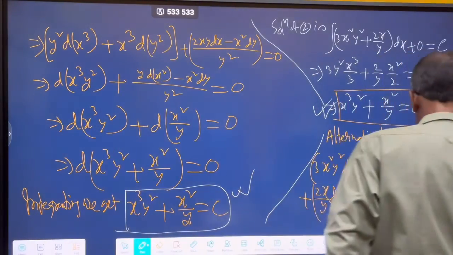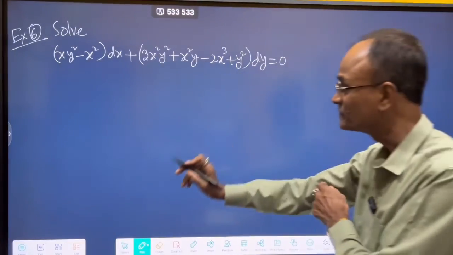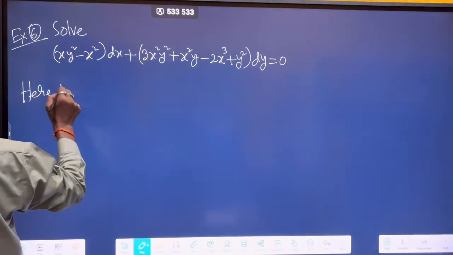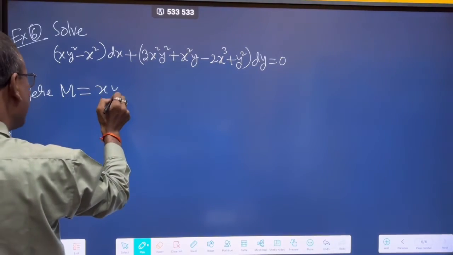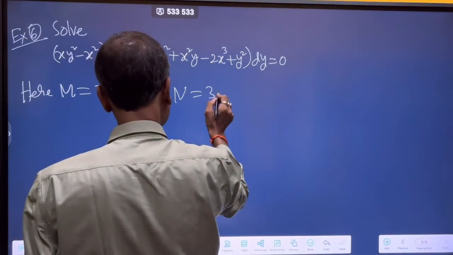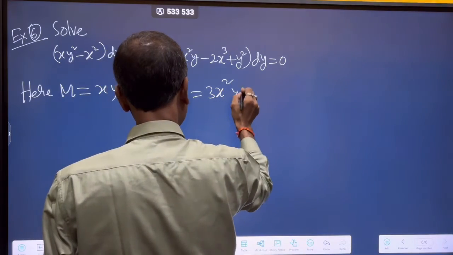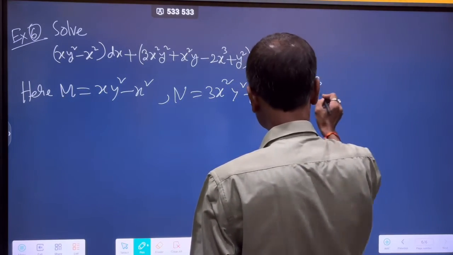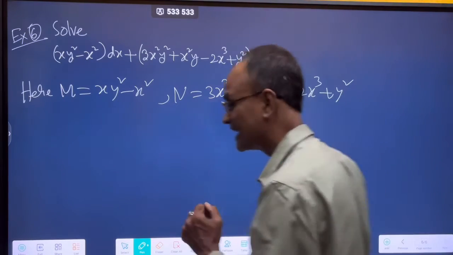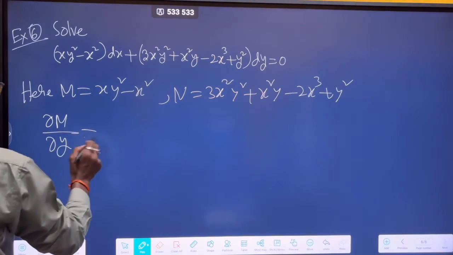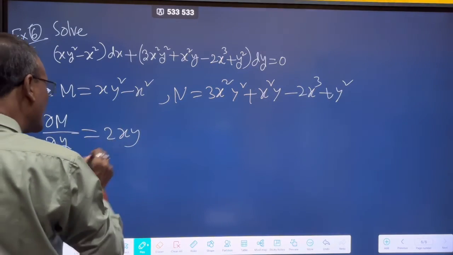Now, let me solve this problem. Here M equal to x y square minus x square, N equal to thrice x square y square plus x square y minus twice x cube plus y square. Del M by del y equal to twice xy.